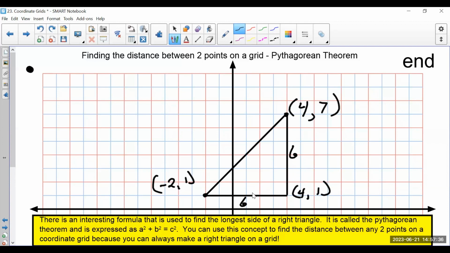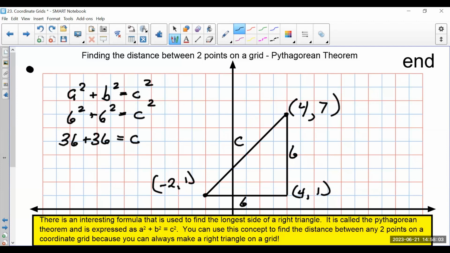All right, so A is 6, B is 6, and we're looking for C. We don't know, but here's where we do our work. A squared plus B squared equals C squared. 6 squared plus 6 squared equals C squared. 6, not times 2, but 2 6's multiplied together is 36, plus 36 equals C squared. 36 plus 36 is 72 equals C squared.